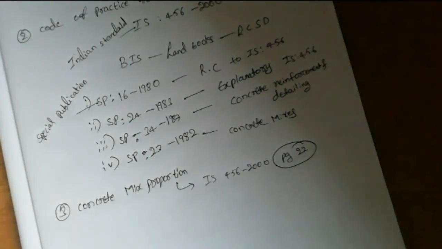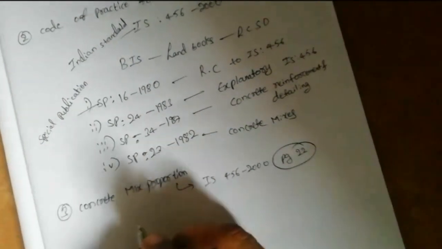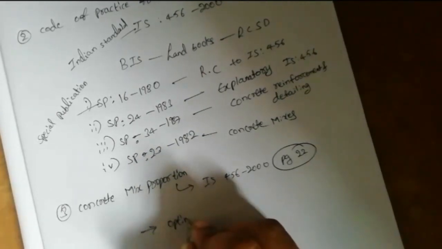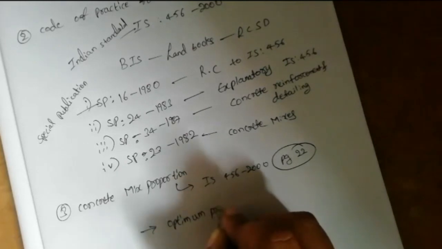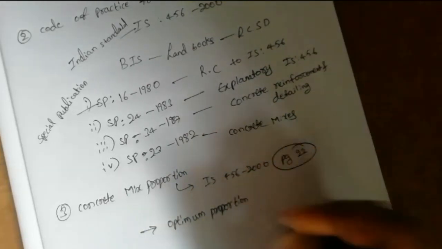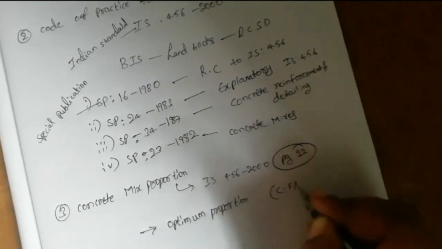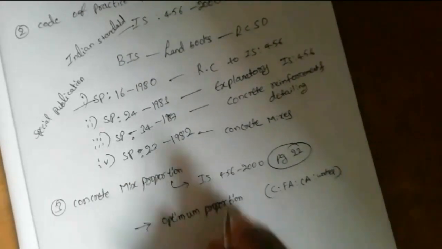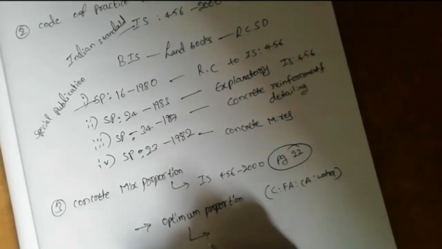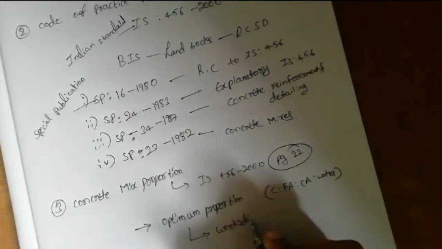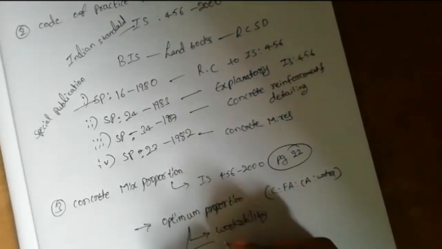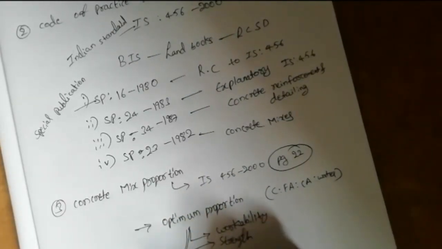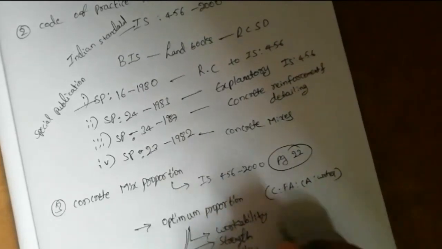The main objective of concrete mix proportioning is to select the optimum proportions of various ingredients of concrete, that is cement, fine aggregate, coarse aggregate, and water, to attain the required workability, strength and durability within the minimum cost.